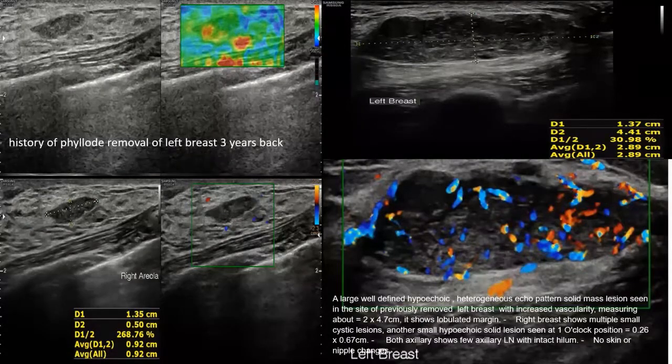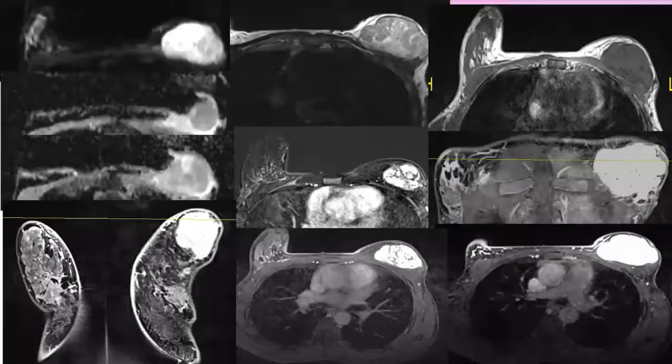So these are small stiff lesions, and the result after biopsy was a phyllodes tumor.